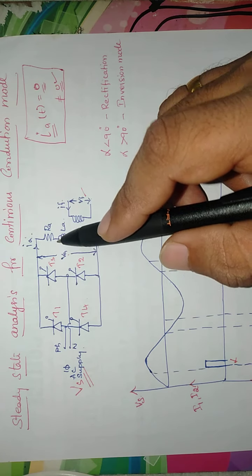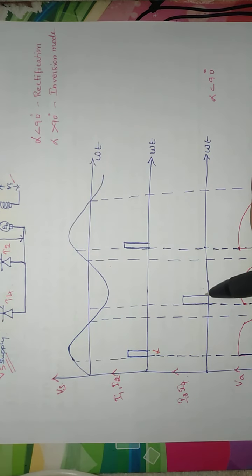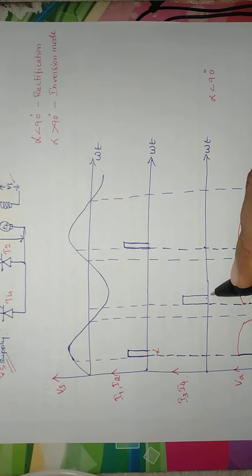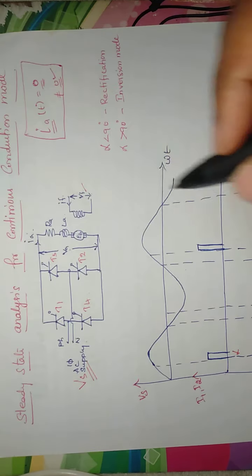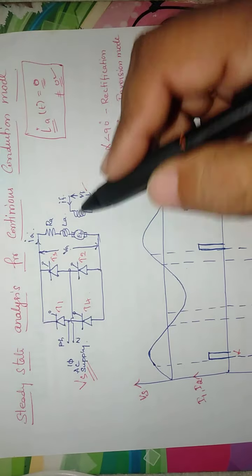At omega t equal to pi plus alpha, that is the second half cycle, the second set of switches T3 and T4 are triggered, and hence we have the output voltage in one direction.